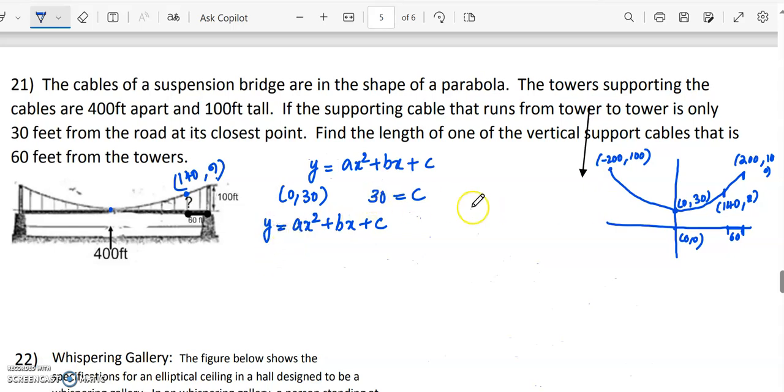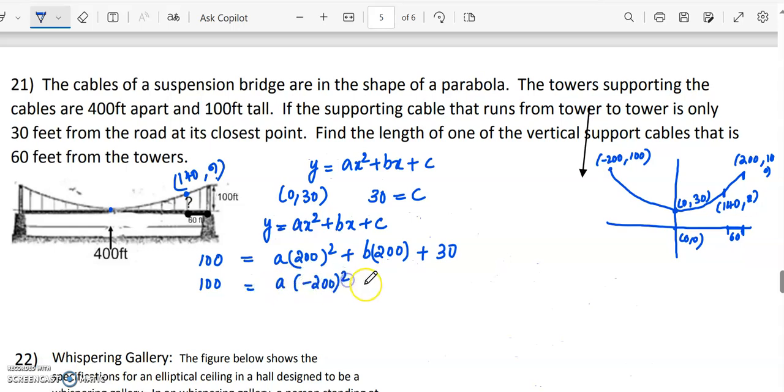Now (200, 100) is a point on the parabola, so we get 100 equals a times 200 squared plus b times 200 plus 30, and again this is also a point, so we get 100 equals a times (minus 200) whole squared minus 200b plus 30.